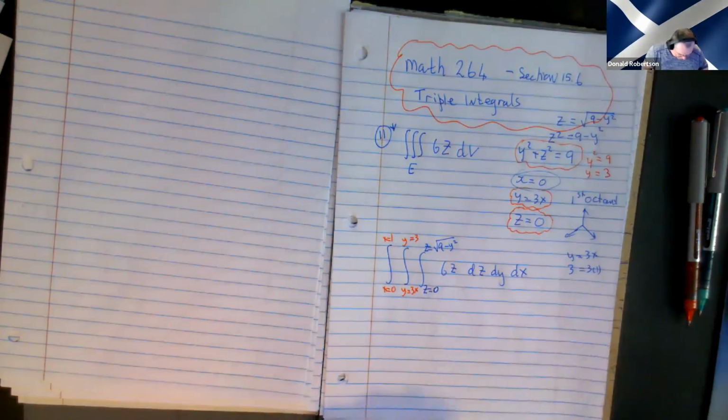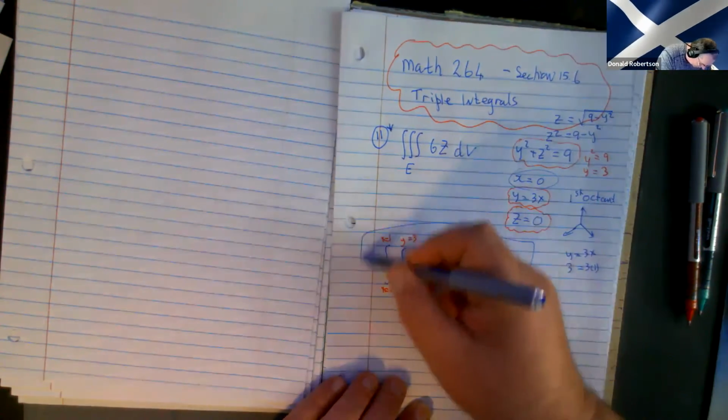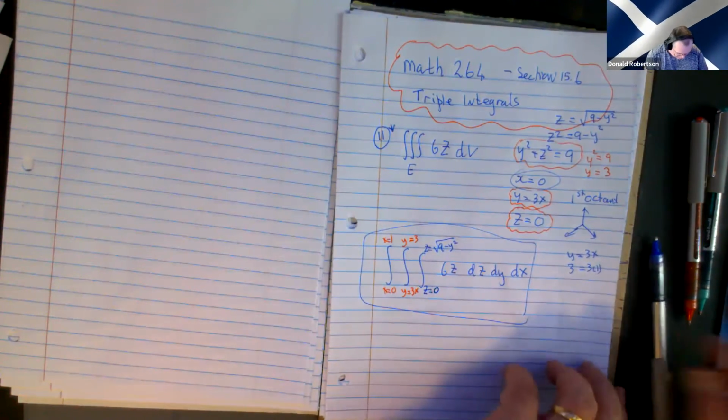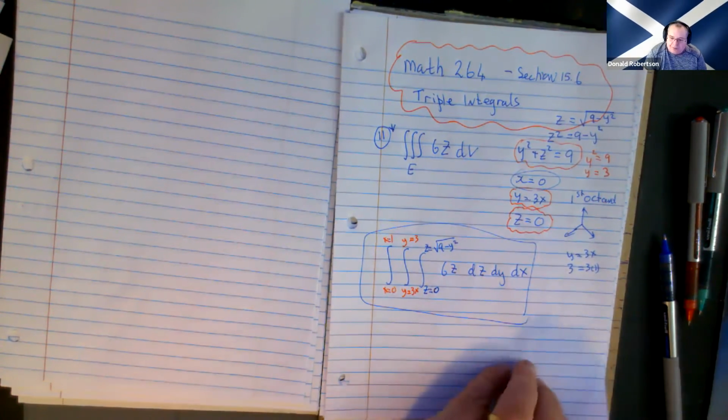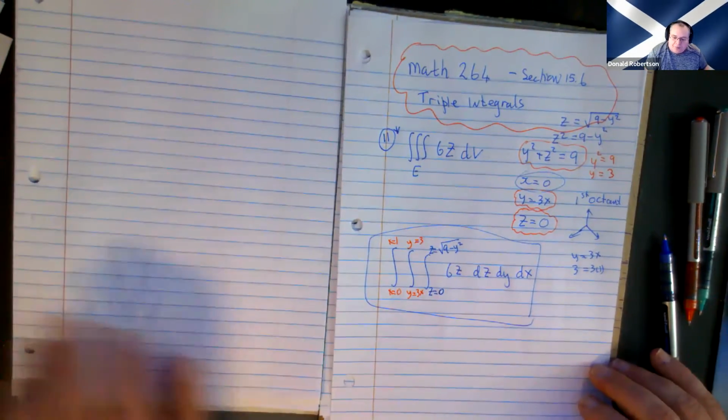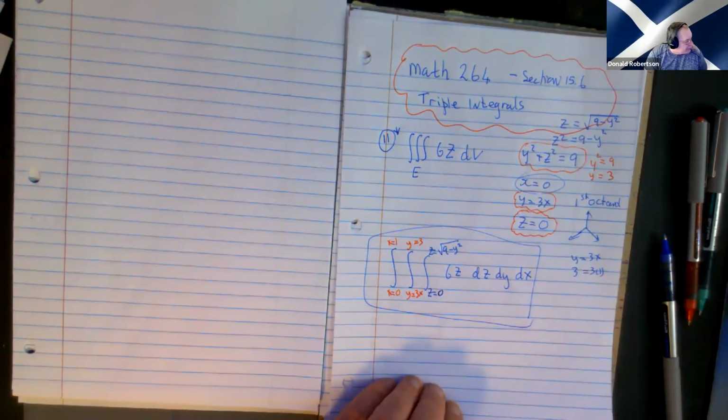So that's why I got the 1. Once you have set up that integral, it's then just a triple integral, and off you go. Now, that might not be the only order that you could do that, but that's the order that I've got in front of me here, so I'm using it.